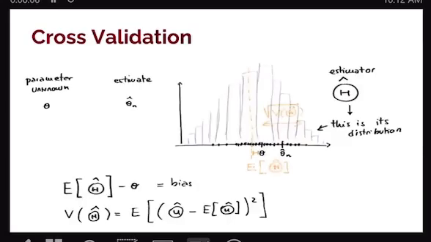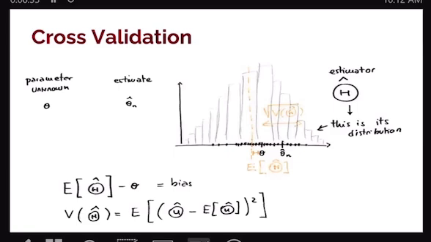Now, I need you to take a look at this image, and I want to explain what this image represents. It represents a key statistical concept that relates bias and variance.